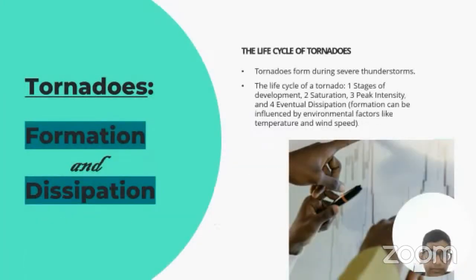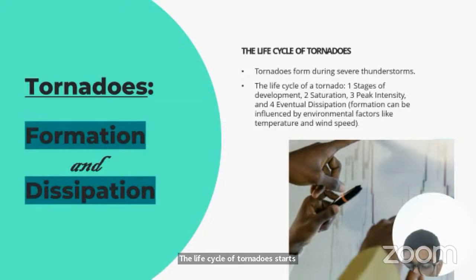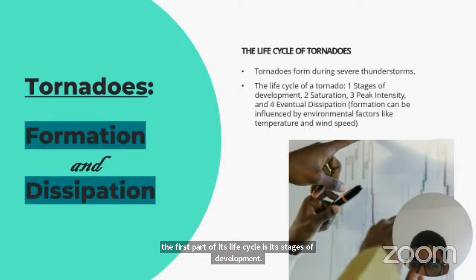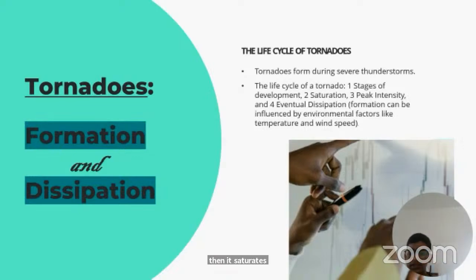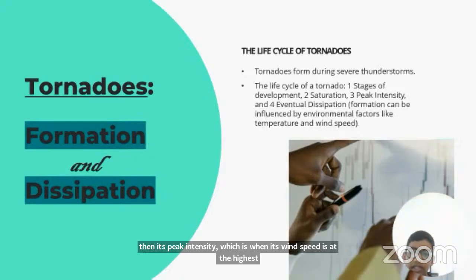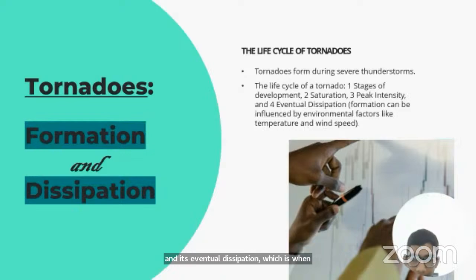So, the life cycle of tornadoes starts with it forming during severe thunderstorms. The first part of its life cycle is its stages of development, then it matures, and then its peak intensity, which is when its wind speed is at the highest, and its eventual dissipation, which is when it dies out.